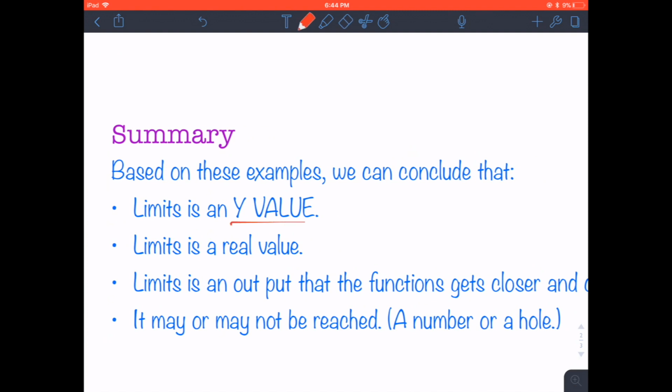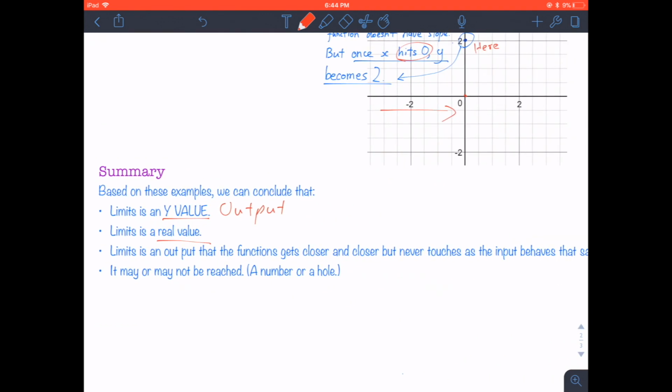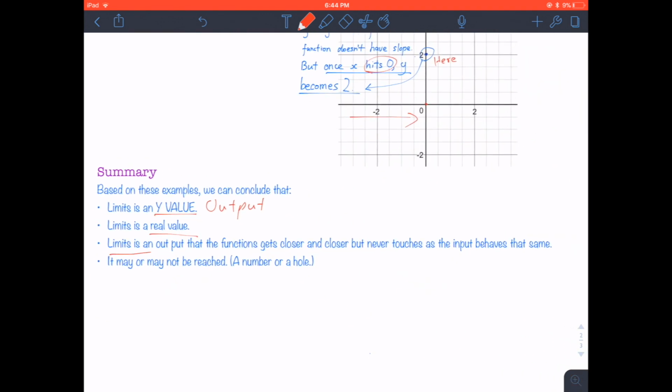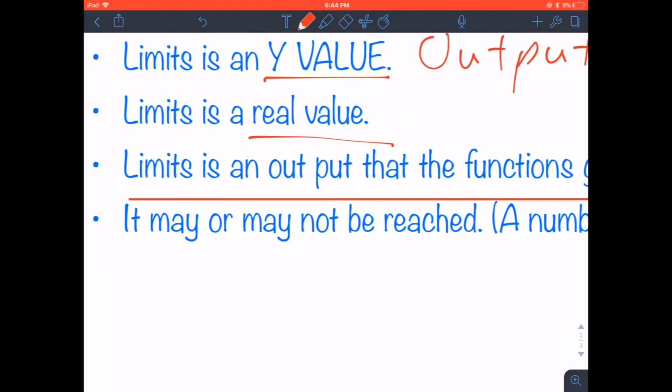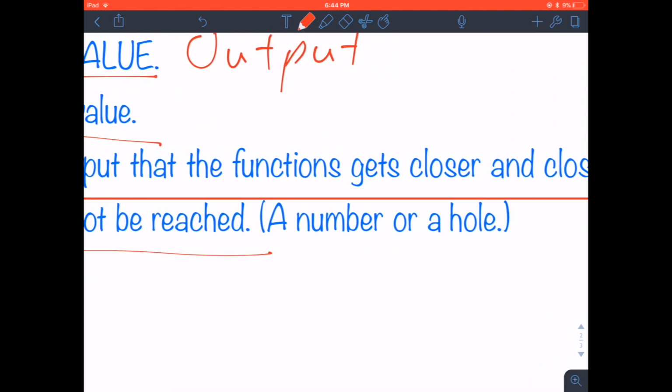Based on the above, the limit is a y value, so it's an output of a function, and the limit is a real value. The third point is just the concept of the limit, which is that it gets closer and closer but doesn't touch. And the last one is that the limit may or may not be reached, which means it is either a number that was shifted away or a blank hole.